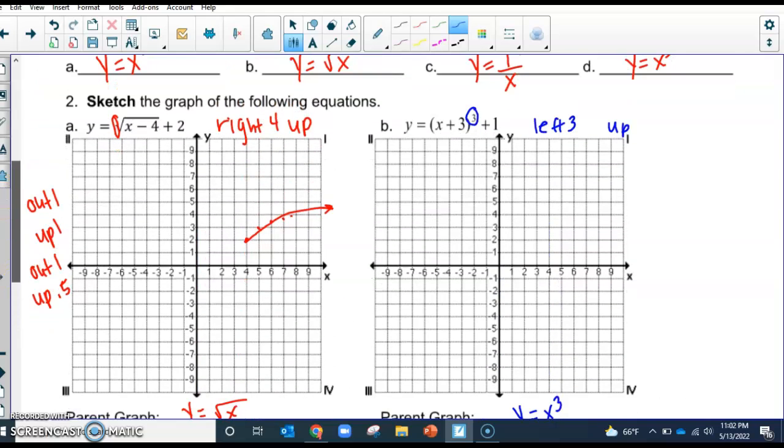So let's graph this. Starting at 0, 0, I'm going left 3, up 1. And then my pattern for this guy is going to be out 1, up 1, out 2, up 8. And I'm doing the same thing, but on the other side I'm going down.